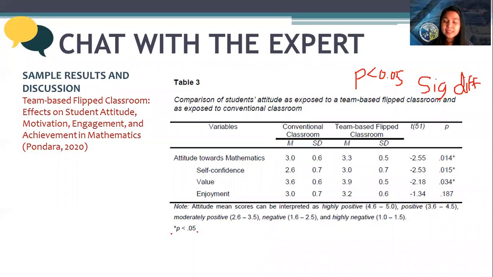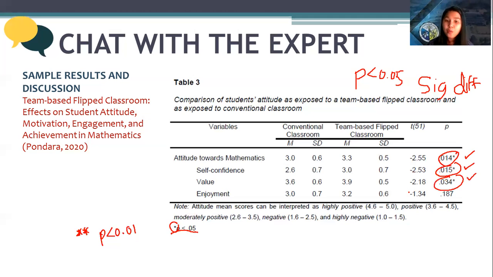If p is less than 0.05, you mark the p-value with one asterisk. If it's highly significant, like p is less than 0.01, we mark it with two asterisks. So if you check the p-values, this one, significantly different. This one, significantly different. This one, significantly different.